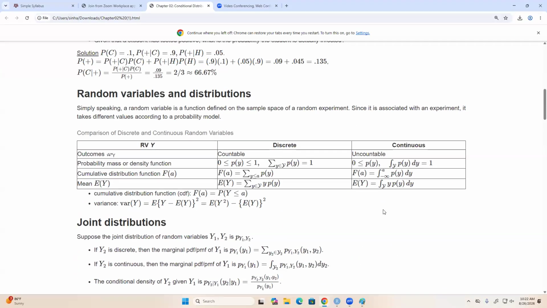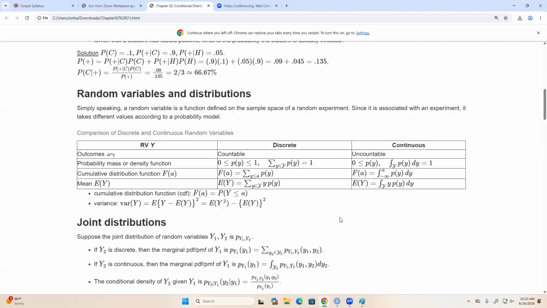So we talked about some random variables. A random variable could be a discrete random variable or a continuous random variable. And these are the notation and the basic properties we talked about. In this table is the expectation calculation and the variance calculation. How do you calculate expectation?